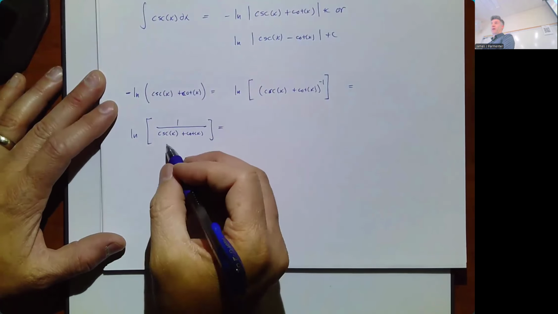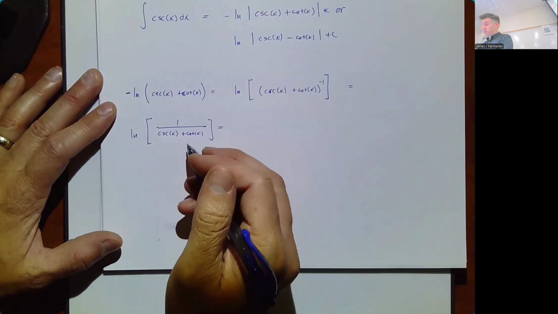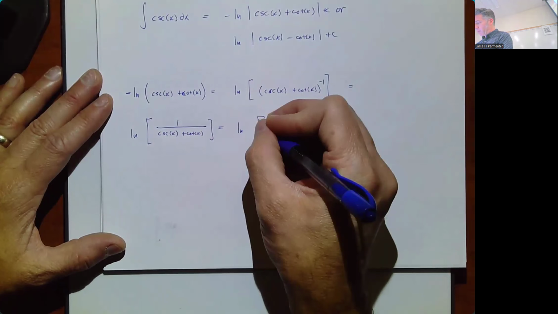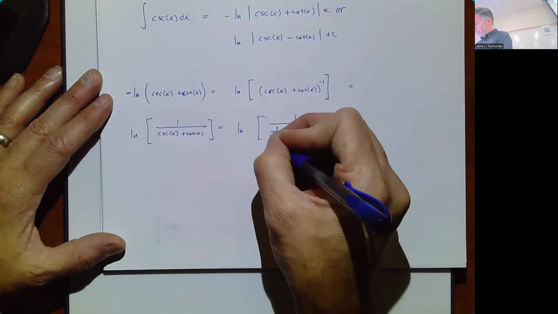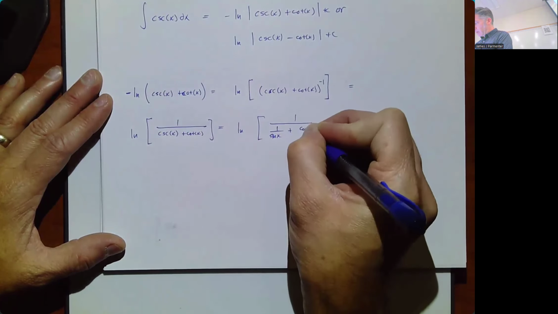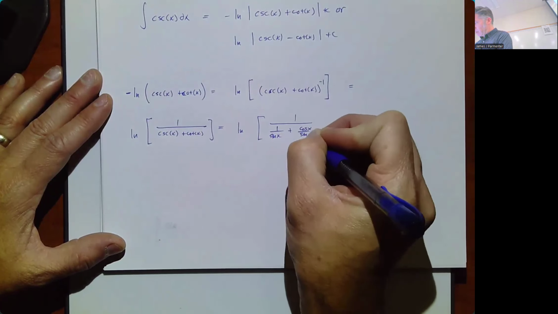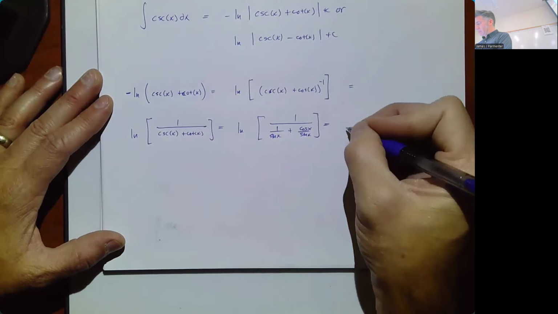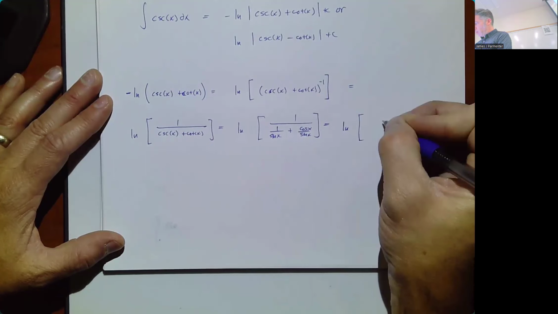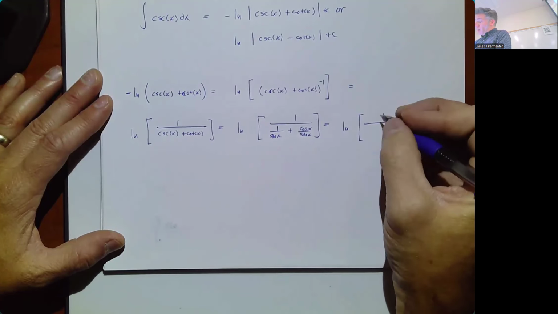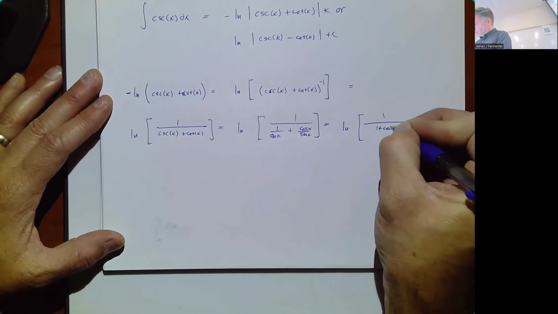Okay, we're going to rewrite cosecant and cotangent in terms of sines and cosines. That's going to be the natural log of 1 over 1 over sine plus cosine over sine. Oh, great, they both have the same denominator. So we can write this as the natural log of 1 over (1 plus cosine) over sine.